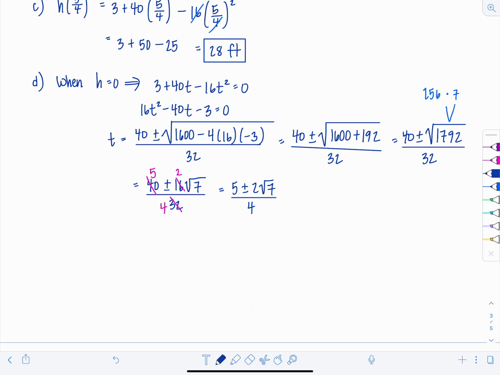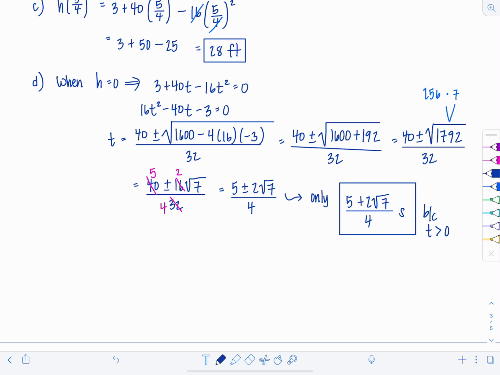Okay, as far as I know, we can't go back in time just yet. So I'm only going to report the positive t value, not the negative one. So I'm only going to report 5 plus 2 rad 7 over 4 seconds. Because t, we're assuming, has to be greater than 0.